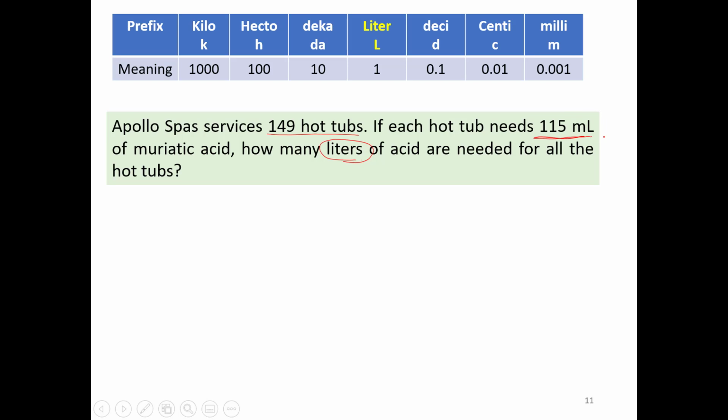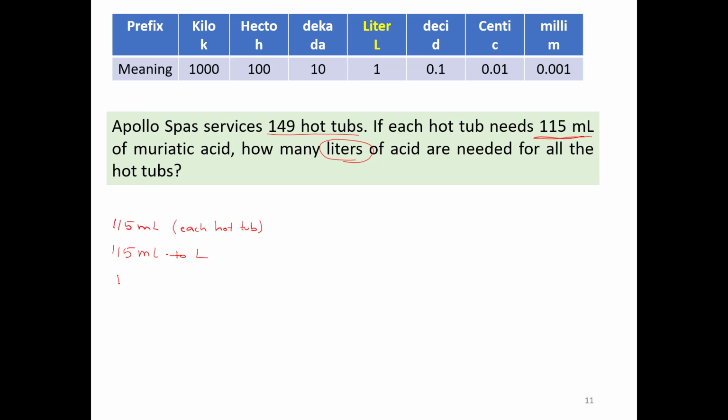This is the volume for one hot tub, 150. 150 is the volume for each. And we want to convert 150 milliliters to liters. And let's use the chart we had there.